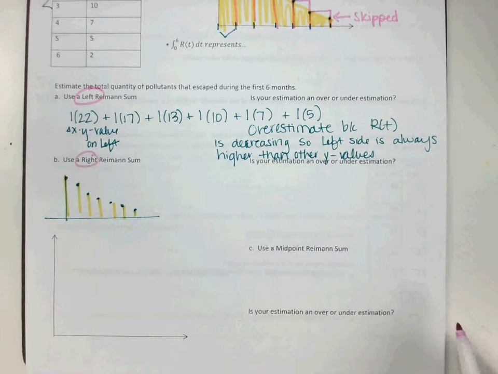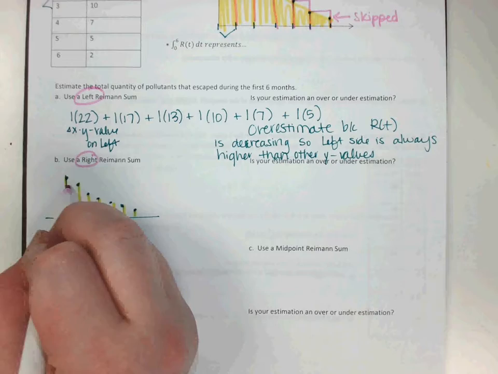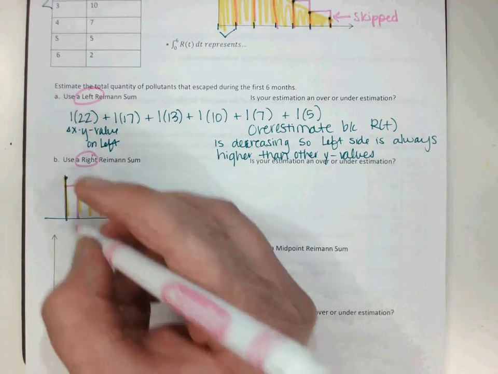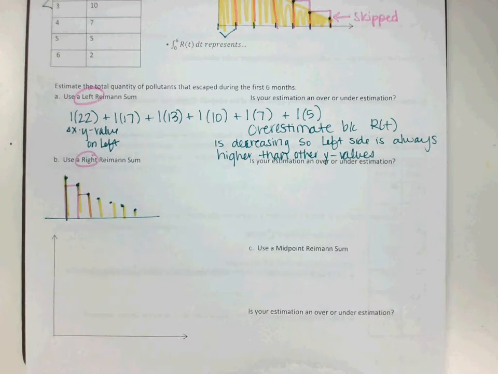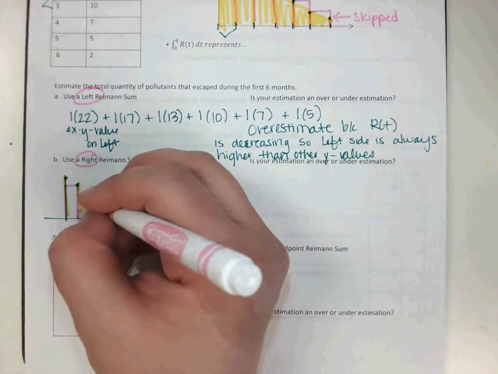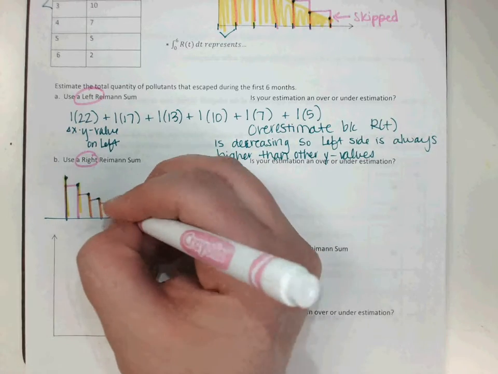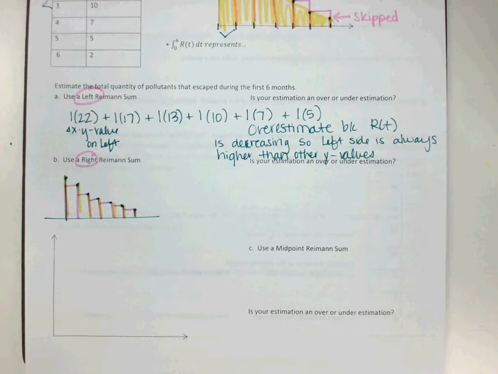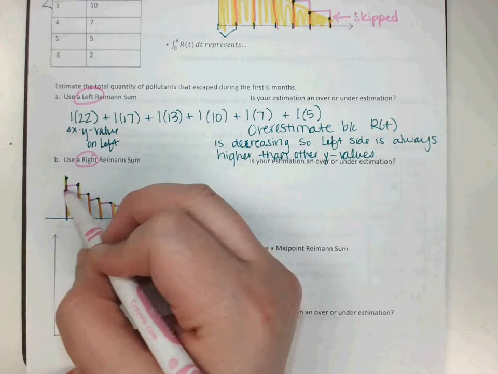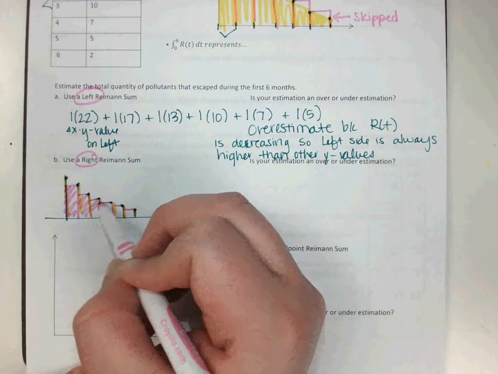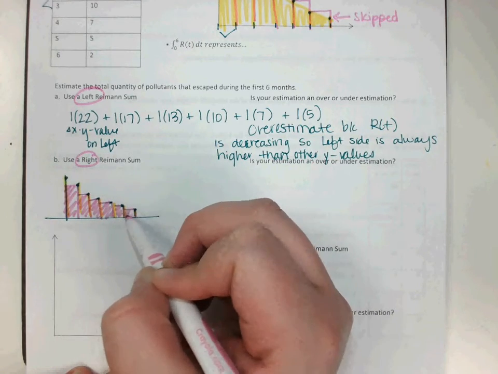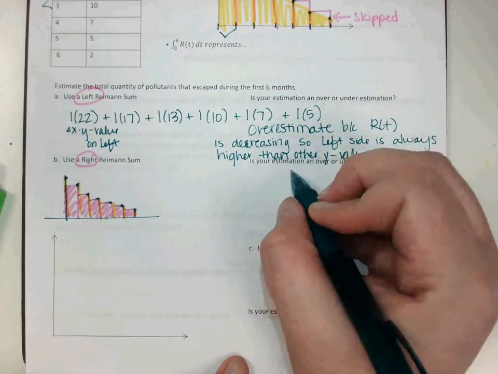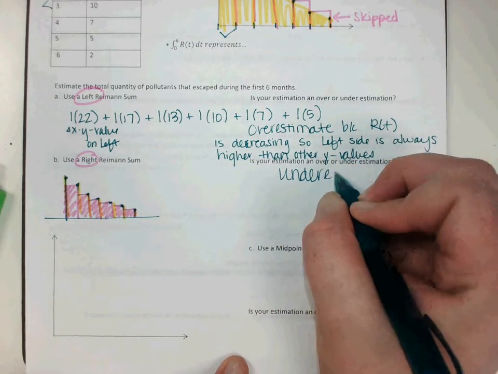So out of my first 2 points, I'm going to pick this one. Then out of the next 2 points, I'm going to pick this one. Then this one, then this one, then this one, then this one. Now think about, if I add up all those rectangles, how is it going to come out compared to the actual area? It's under. This is going to be an underestimate.